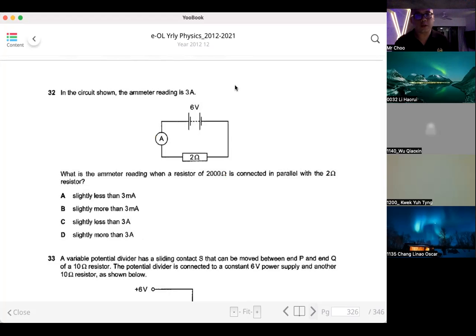For the questions that we're going to do for the next few weeks, there will be quite a lot, because it combines this topic as well as the last topic. The last topic is just an introduction to the concept of current, potential difference, and resistance. This topic talks about some application, and when you combine them together, there'll be a lot of questions. So start doing question number 32.